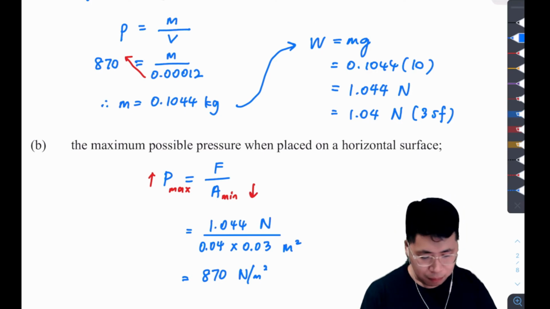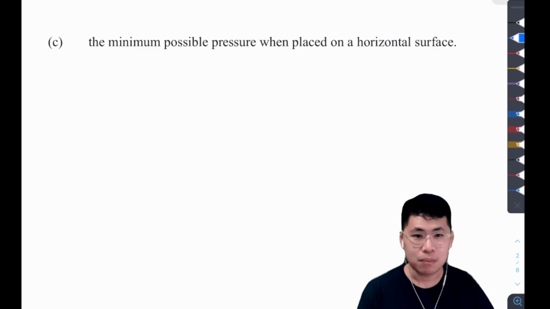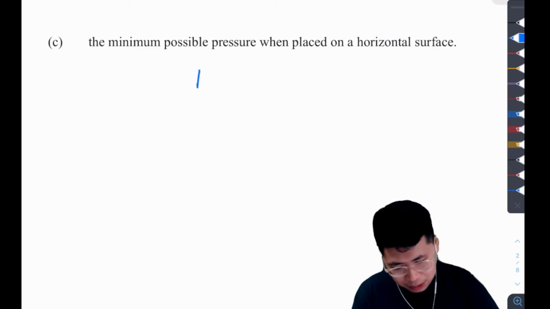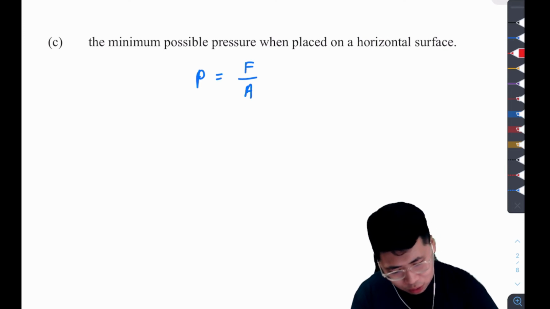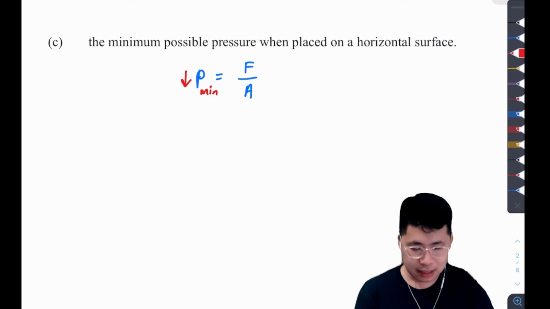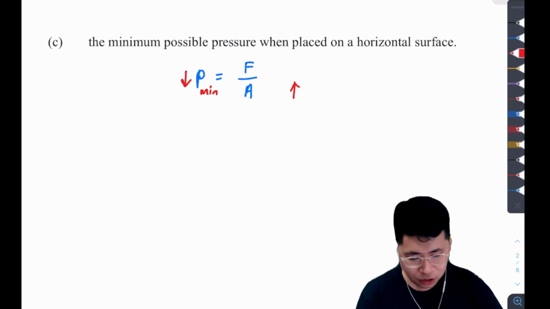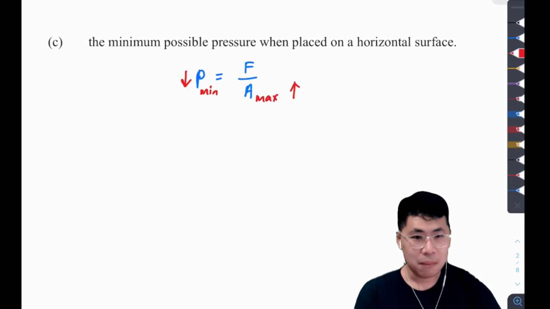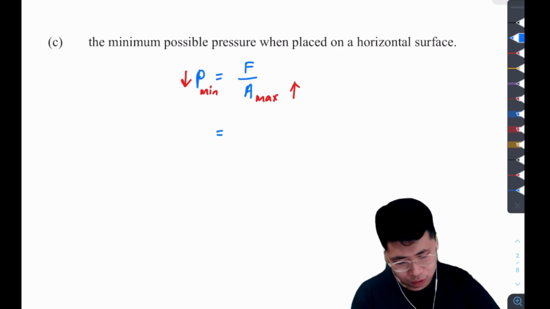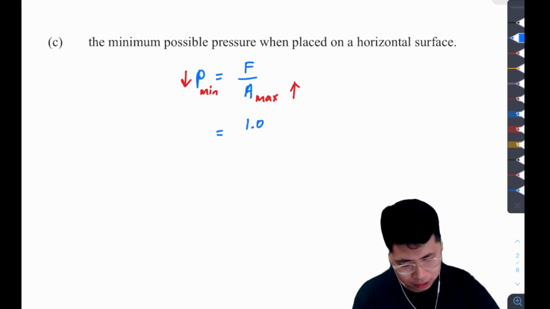Now for part C, find the minimum possible pressure. P is equal to F over A. In order to have a minimum pressure, a low pressure, the force is the same. The area must be a large area. So we will need the maximum area. Force was 1.044 newtons earlier.